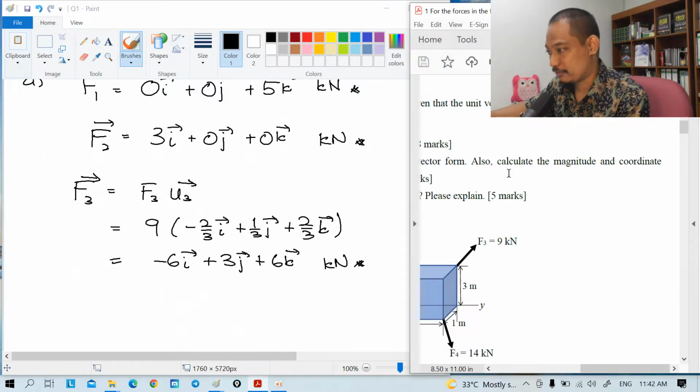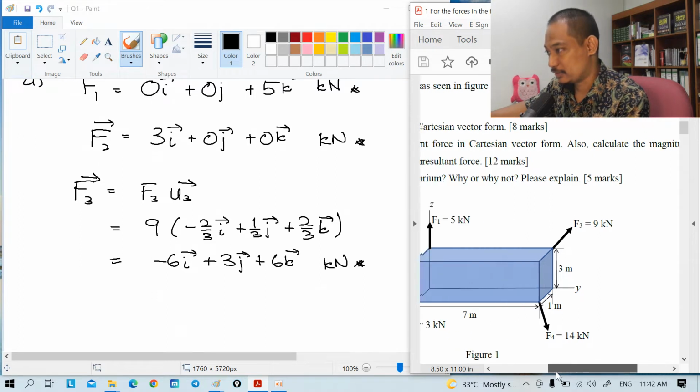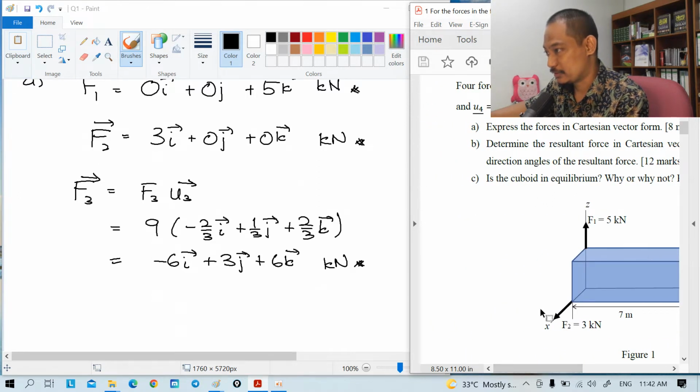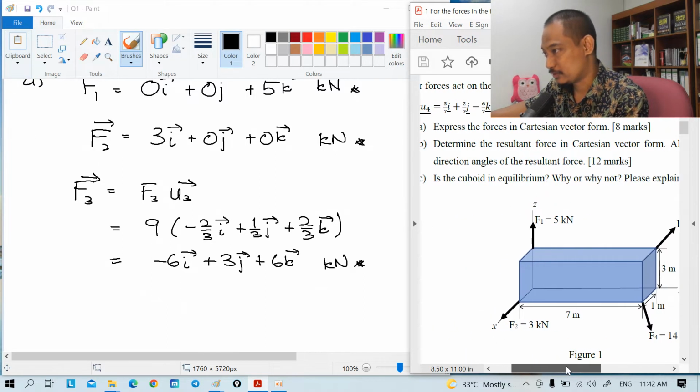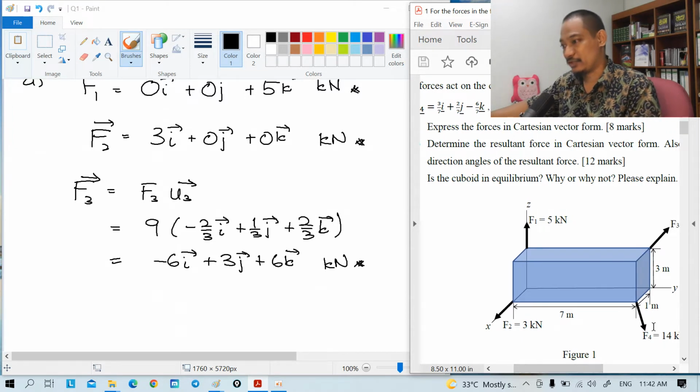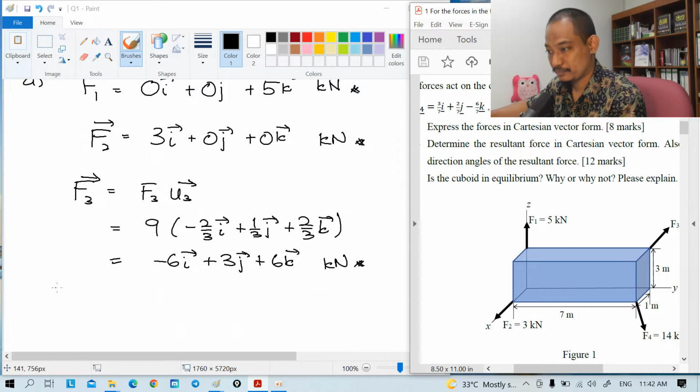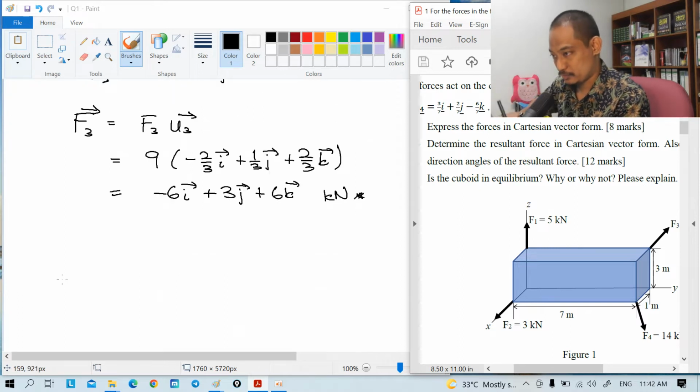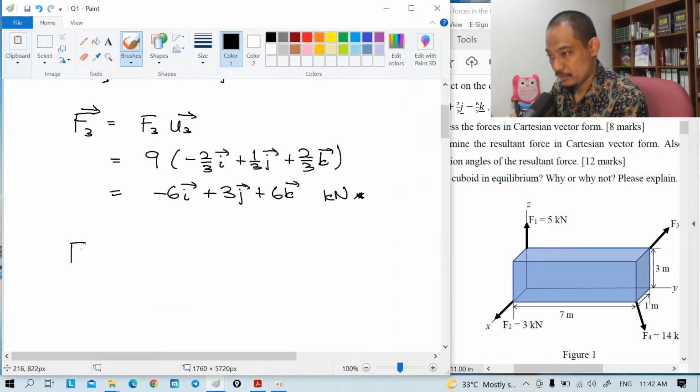Next, F4 is going down there, and the unit vector is this one, right? So F4 is 14 kilonewton. So F4 is simply F4 times the unit vector of 4.